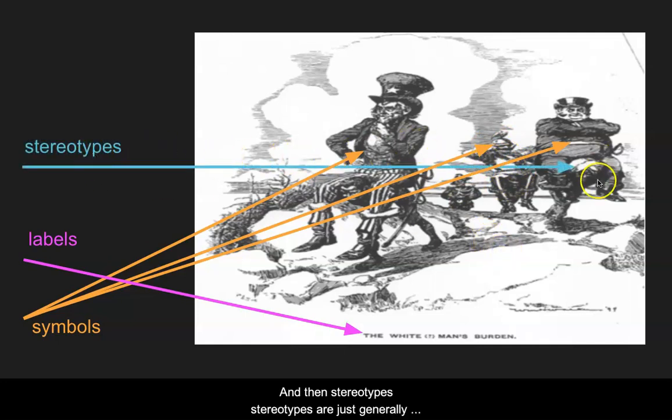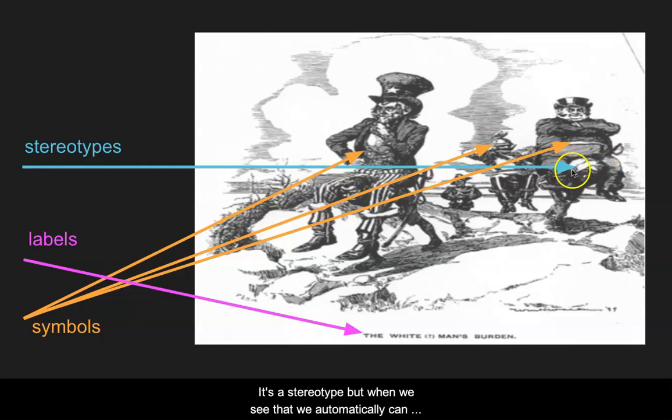And then stereotypes. Stereotypes are just generally used by a cartoonist to help people recognize a group of people. So in this case, this is a man from India. He's wearing this head piece, and not everyone in India wears these headpieces.